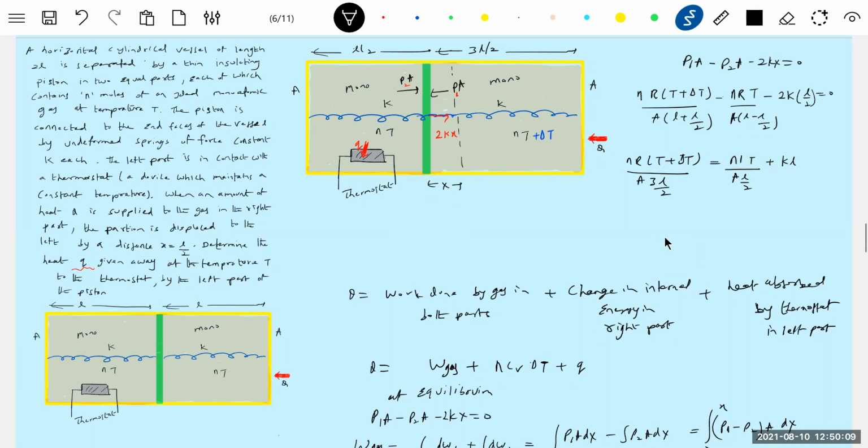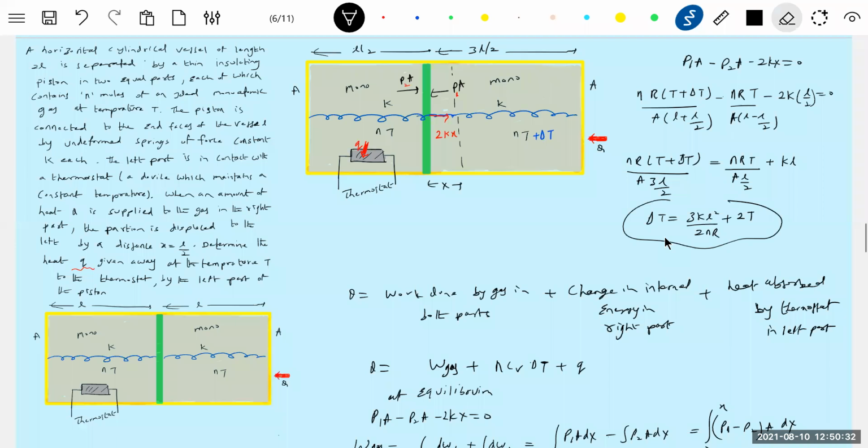Okay, I think solving will get an expression for delta T. 3k L square. This is delta T. Substitute that there, we'll get the expression for Q.